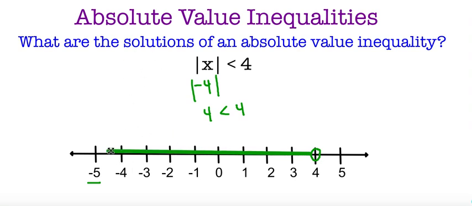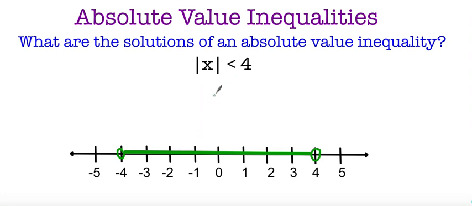However, everything else is. So I'm going to move my line over, and I'm going to put an open circle on negative 4, because negative 4 is not included. Everything in between here is actually true. The absolute value of negative 3 is 3, and that is less than 4.